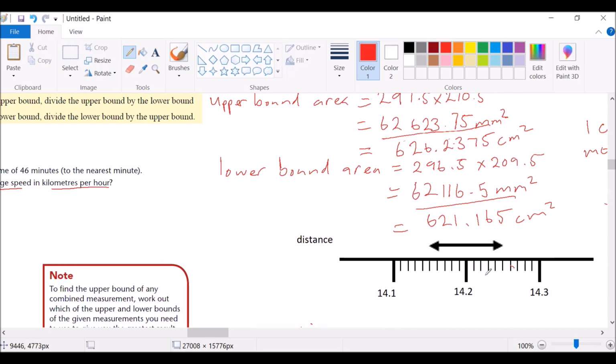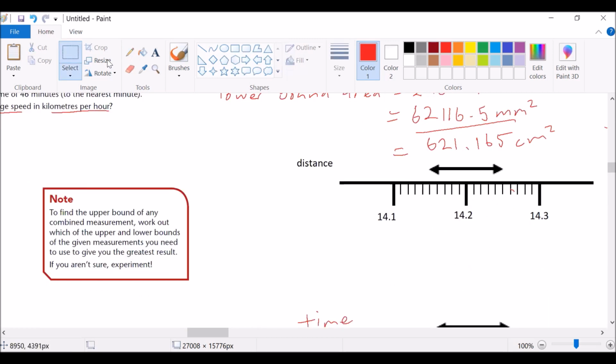The previous one is 14.1. So we have 14.1, 14.2, and 14.3. Now we want the lower bound for the distance, which is halfway between 14.1 and 14.2, which is 14.15. That is our lower bound. Our upper bound for 14.2 is 14.25, which is halfway between 14.2 and 14.3.